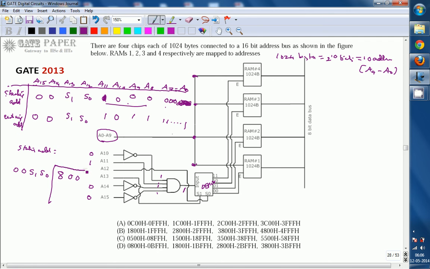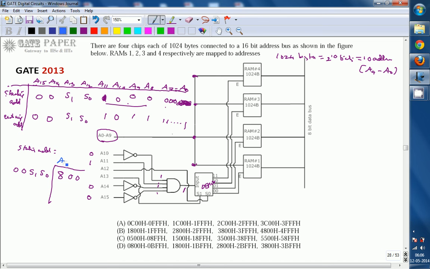Okay, these are in the byte form and they are in the bit form, assume that one. Okay, so I can write in this way.